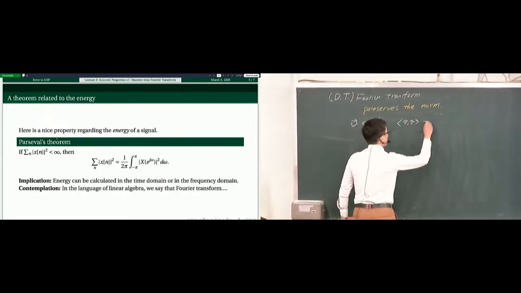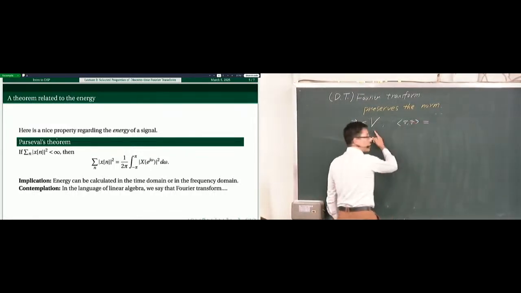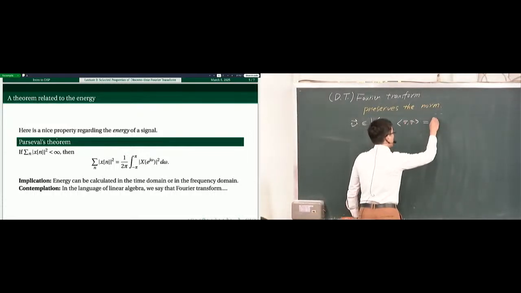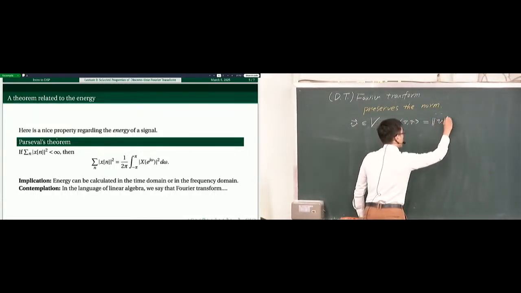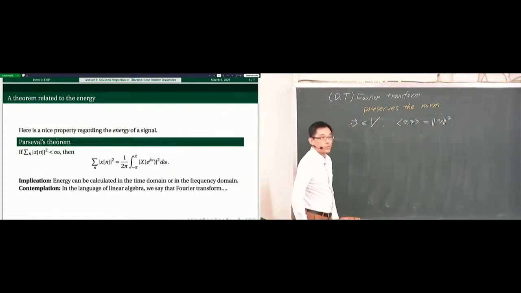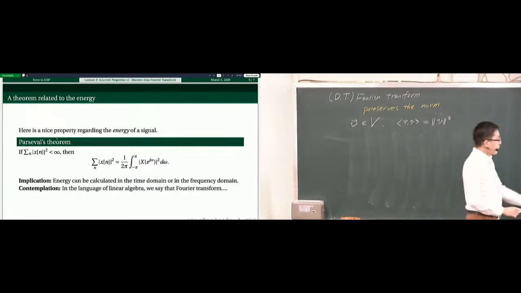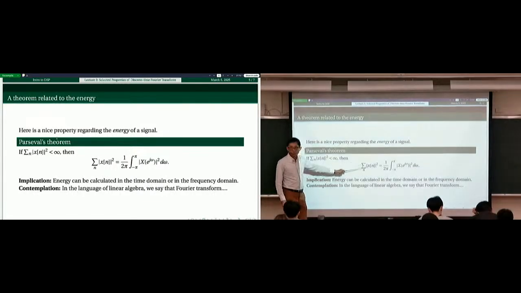When we take the inner product of a vector in any given vector space, that is the definition of norm square. So I'm just sharing with you that this is a kind of norm square.